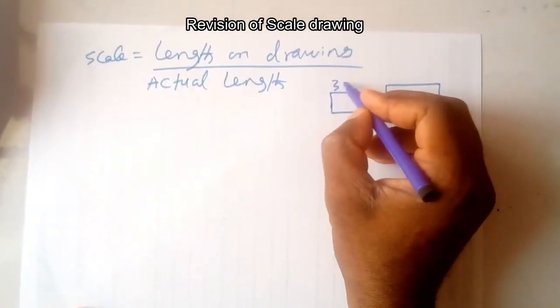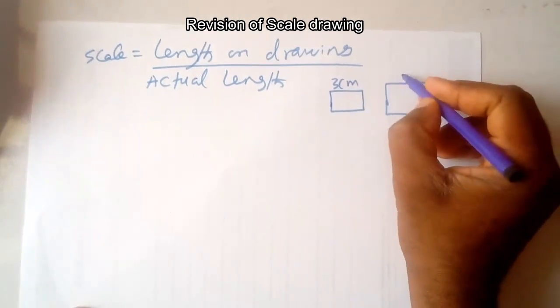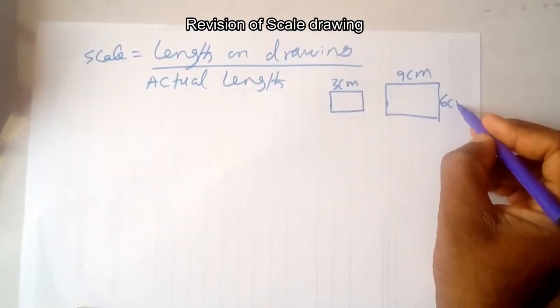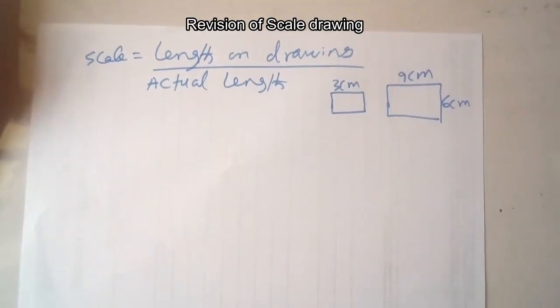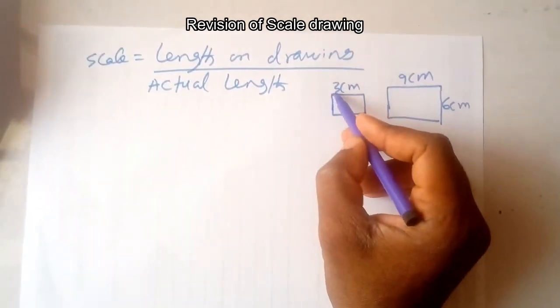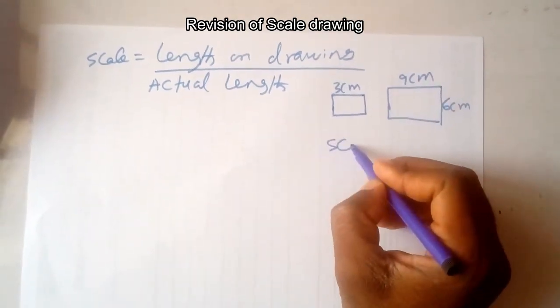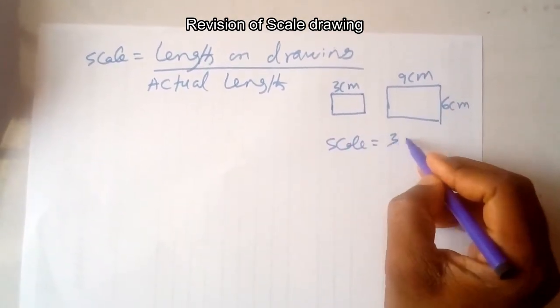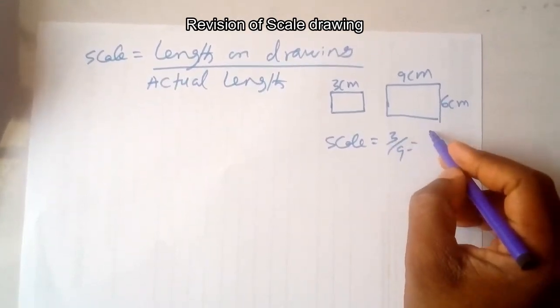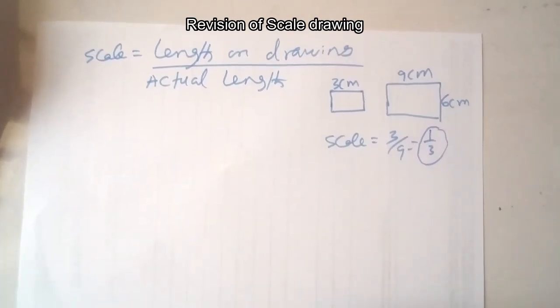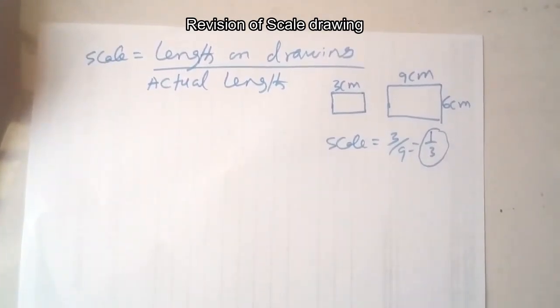Let's say here is 3 centimeters and here is 9 centimeters, and here is 6 centimeters. If the lengths correspond, you can easily say the scale equals 3/9, which is 1/3. So we can use this scale. This scale can help us to reduce the rectangle or to enlarge the rectangle.